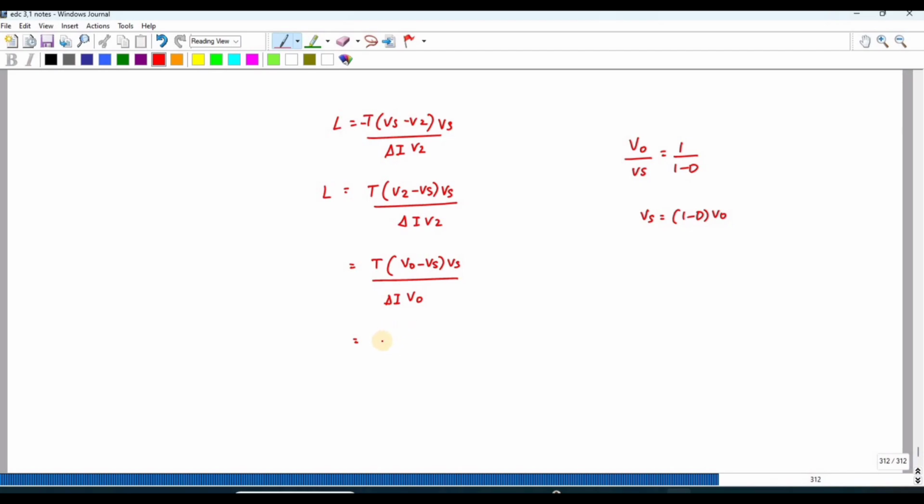So you can substitute in this equation V naught minus Vs into 1 minus D into V naught divided by del I V naught. So this V naught gets cancelled out.